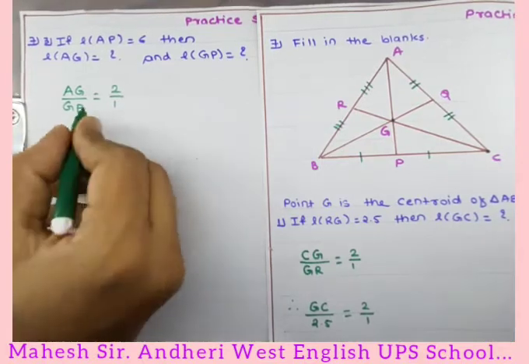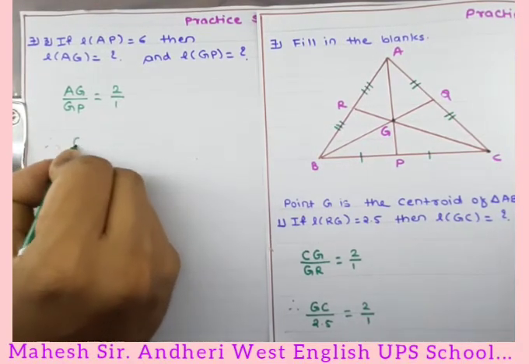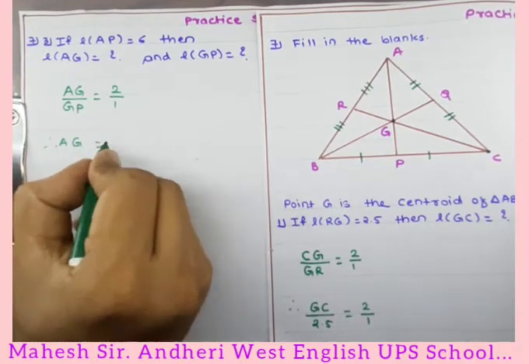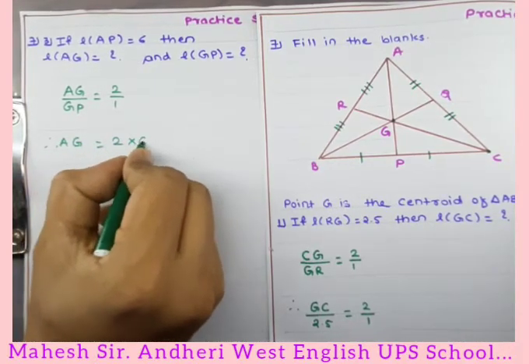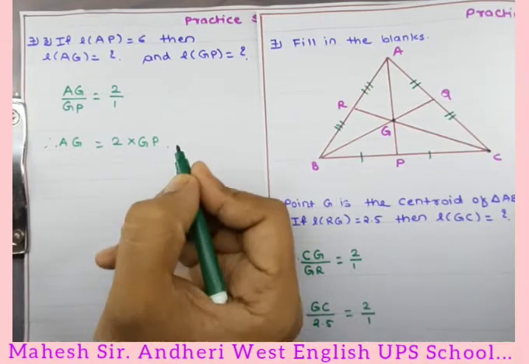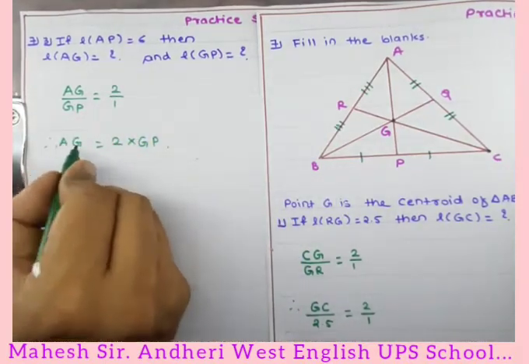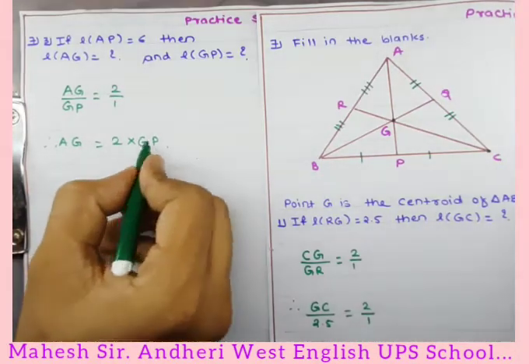That means if you cross multiply, AG is equal to 2 times GP. We get this relation here, that AG is equal to 2 times GP.